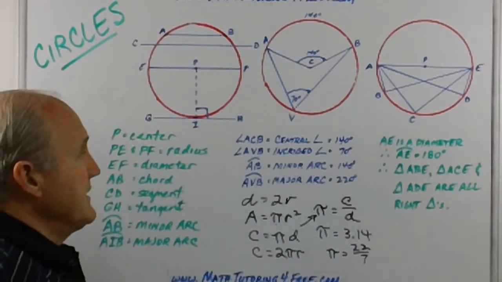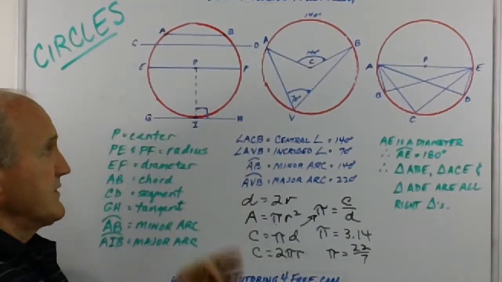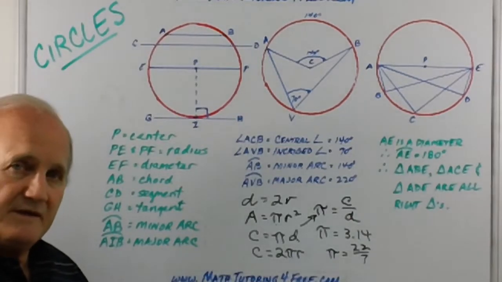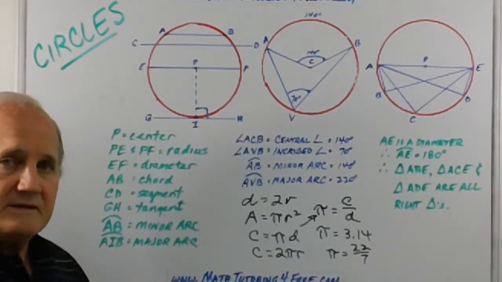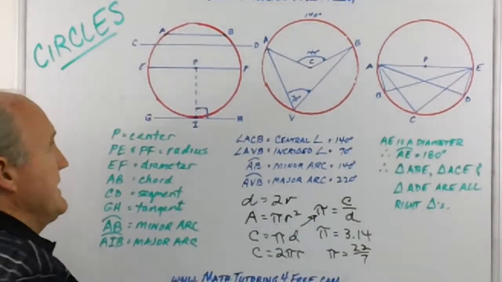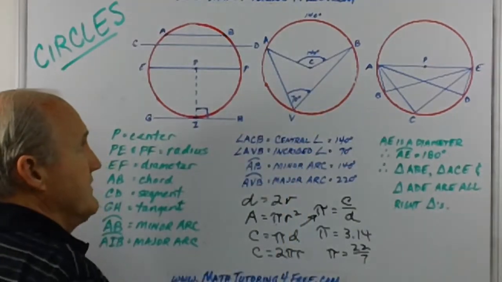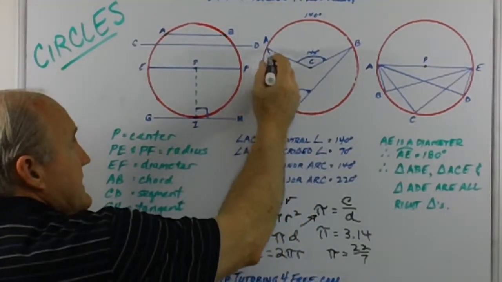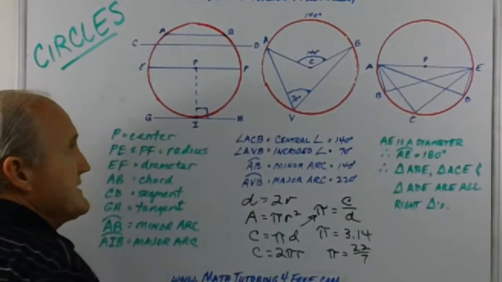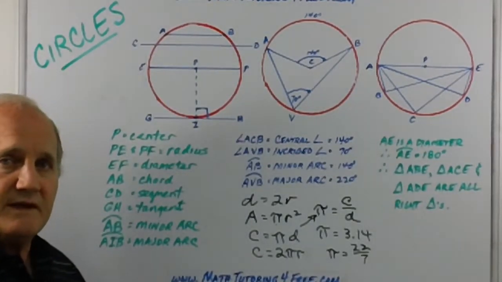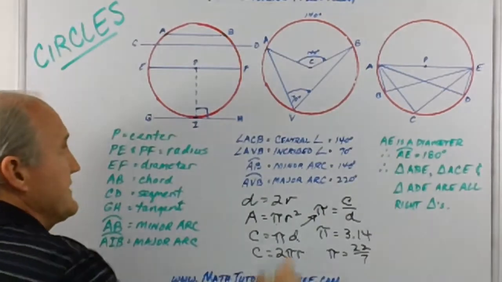Another important part of the circle is what we call a central angle and an inscribed angle. Unfortunately, kids seem to get those mixed up. The central angle has its vertex at the center of the circle. In this case, angle ACB would be a central angle, and we tell that by the vertex at the center.